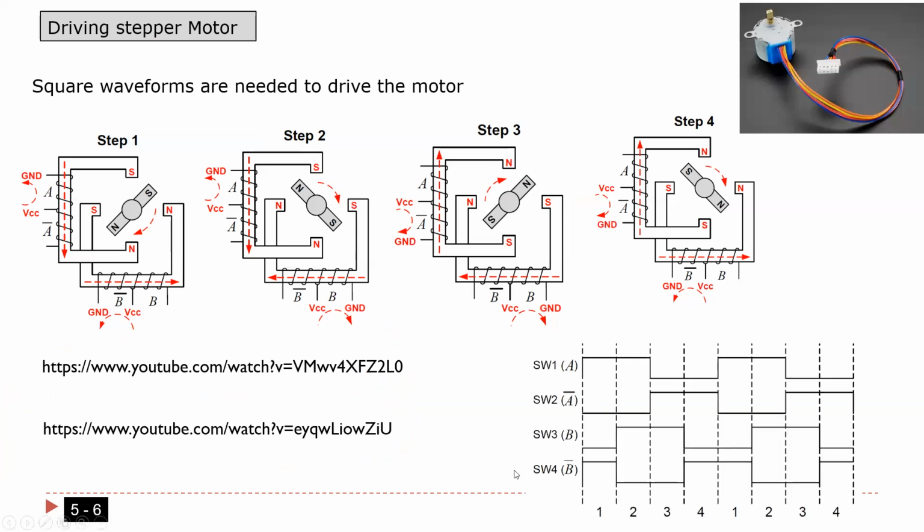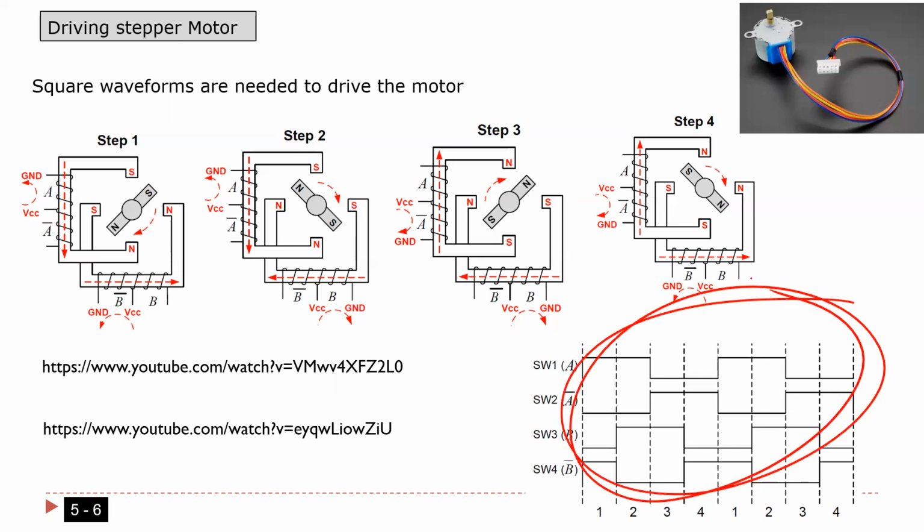I'm not gonna explain the details, but it's very easy. The whole story is, all we need to do is generate a square wave this way. That's it. Once you generate square waves with a certain frequency and apply them to the motor, it can step. By the way, the stepper motor has too many applications.